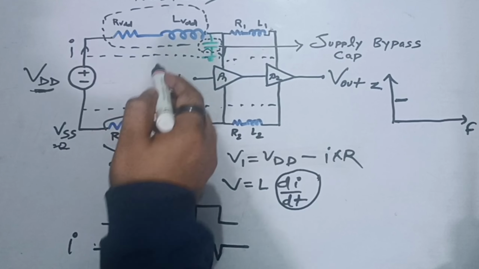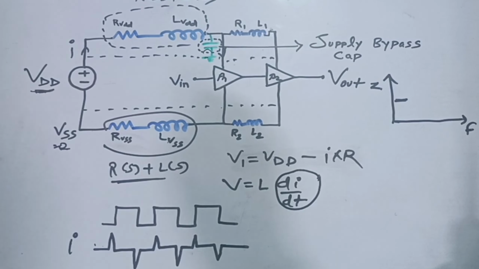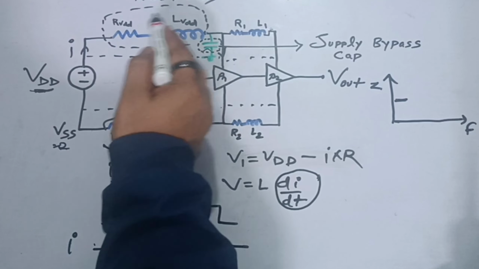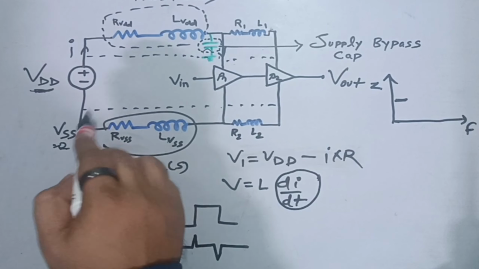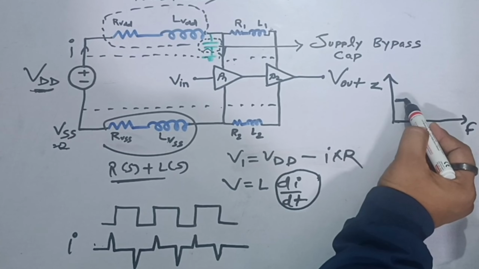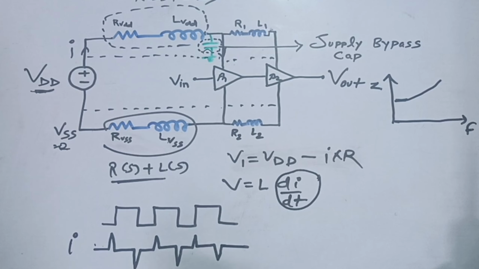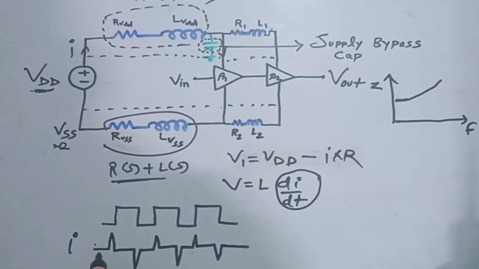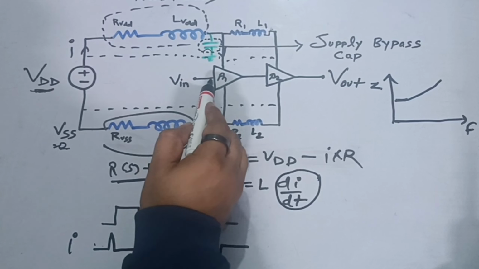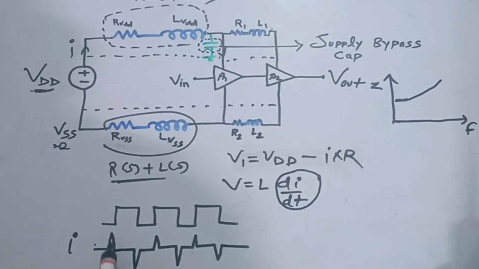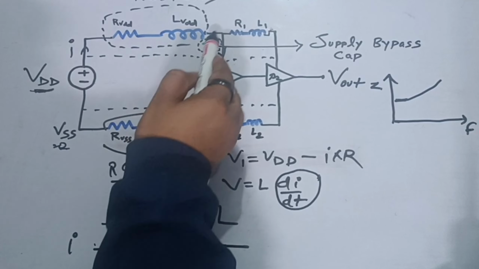As the frequency continues to increase, the offered impedance value will also increase, so you will see this kind of impedance profile. At higher frequency it will be high, and at lower frequency it will have some constant impedance. So as you increase the frequency applied to this op-amp, the current spikes will be more, the di/dt factor will be more, and the impedance will also be high at high frequency.